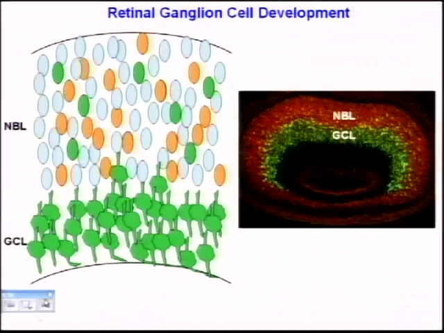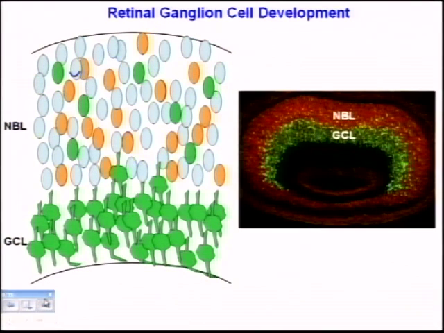Now, a very striking image of the formation of ganglion cells is shown here, where we've stained the neuroblast layer just with a nuclear stain, and we've stained the ganglion cell layer with a very early marker. Actually, it's the earliest known marker of ganglion cells, and it's a transcription factor. The name of this transcription factor is POU4F2, a POU domain transcription factor, and it's also called Brn3b.